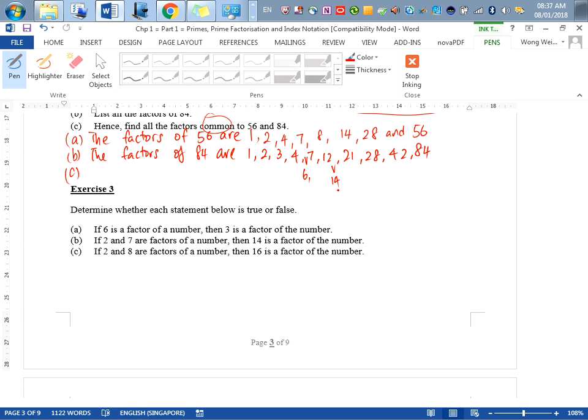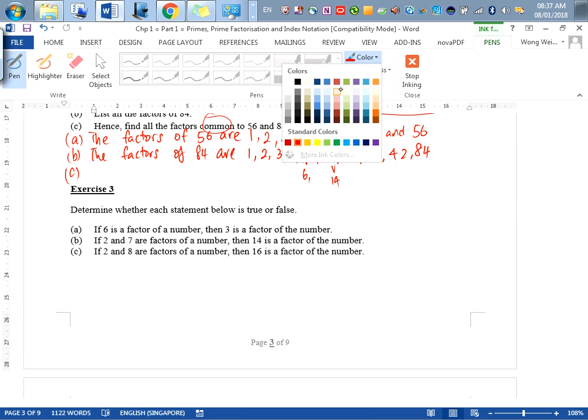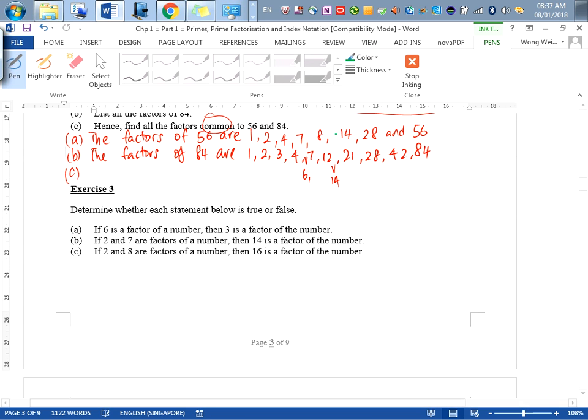Now we find the common factors. What are they? Which factors appeared both in 56 and 84? We have 1, so common factors. 1, 2. Any more? 4.